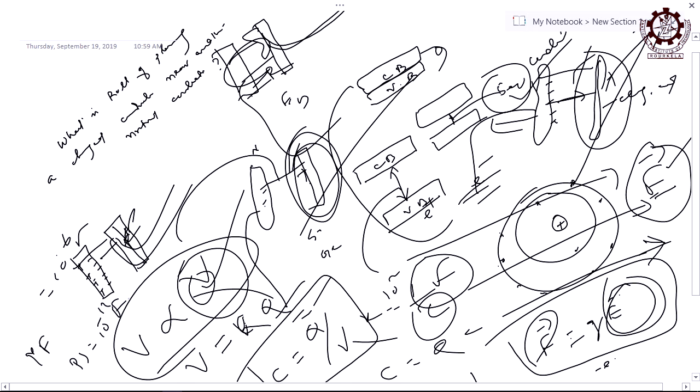Practical units of capacity are microfarad or picofarad, because farad is a very large value of capacity, very difficult to get, right. So, the practical unit of capacity is microfarad or picofarad.